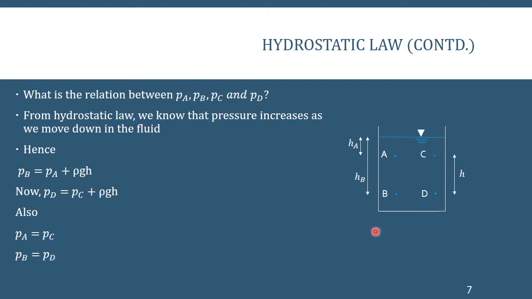Similarly, pressure at B is going to be equal to pressure at D because of the same reason. They lie along the same horizontal line. So pressure at B and pressure at D are going to be equal. So B and D lie along the same horizontal line, and A and C lie along the same horizontal line, and so PA becomes equal to PC and PB becomes equal to PD.